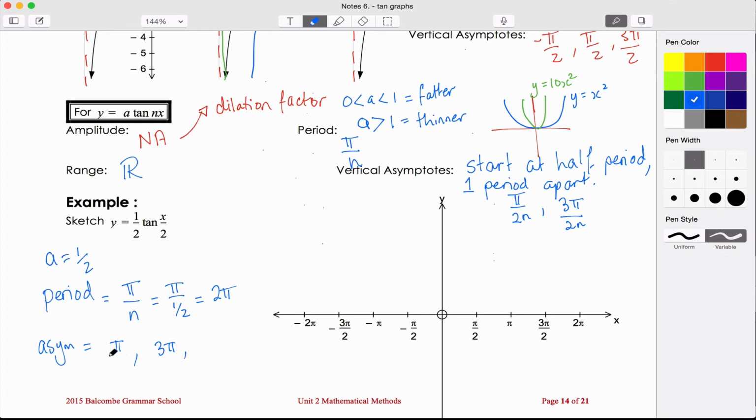If we go backwards, there will be one at negative pi as well. So when you're drawing your graph, put your asymptotes in first. We've got a negative pi here, pi, and 3 pi, which is off the scale.